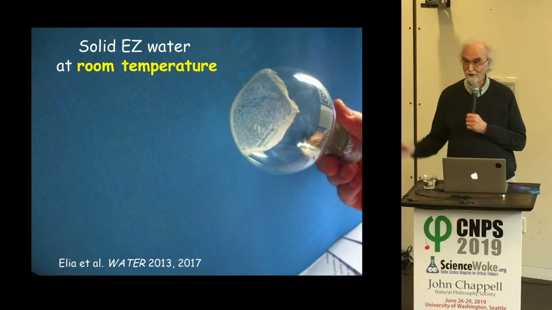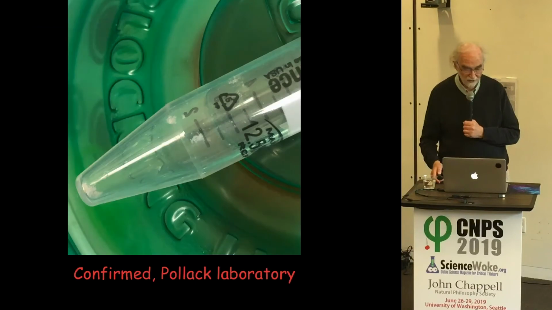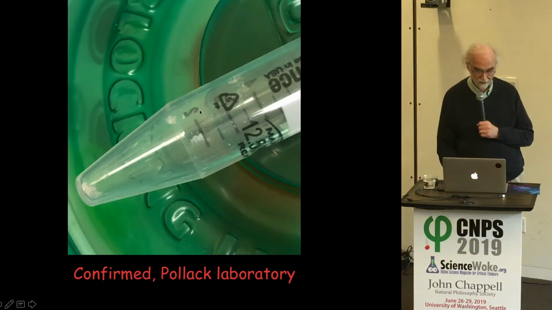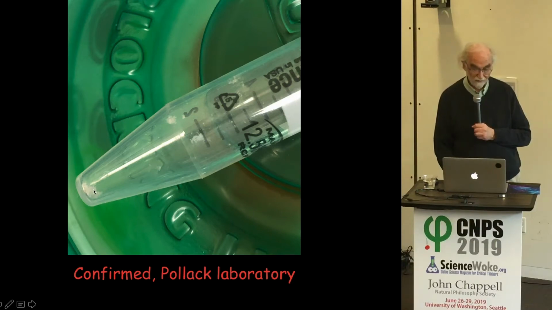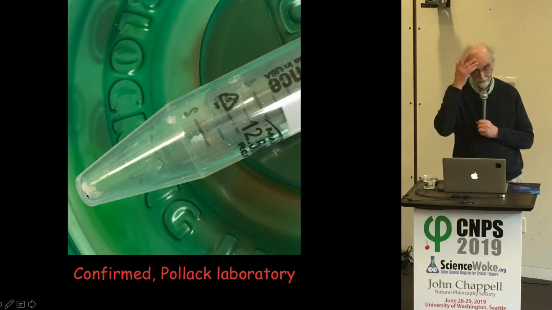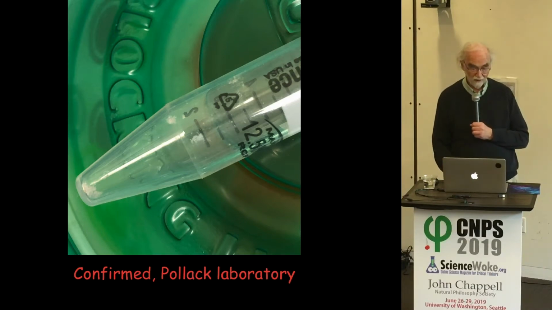You know, we put it in the freezer, we have a solid. This is room temperature. So we repeated their experiments, and we're doing it right now, and we've had some success. This is just a little bit of it, because it takes a lot of experiments to get enough material. And we found that it shows the 270 nanometer absorption that we expect.